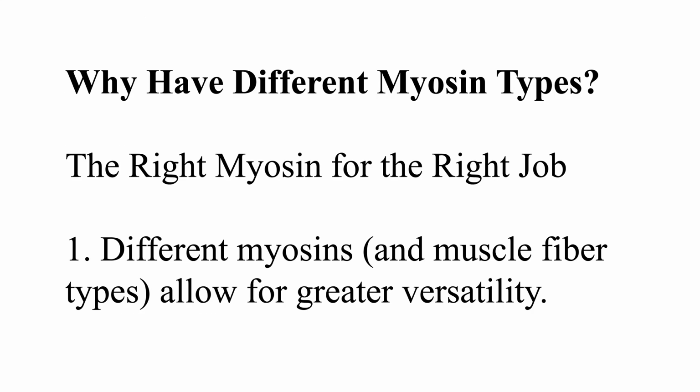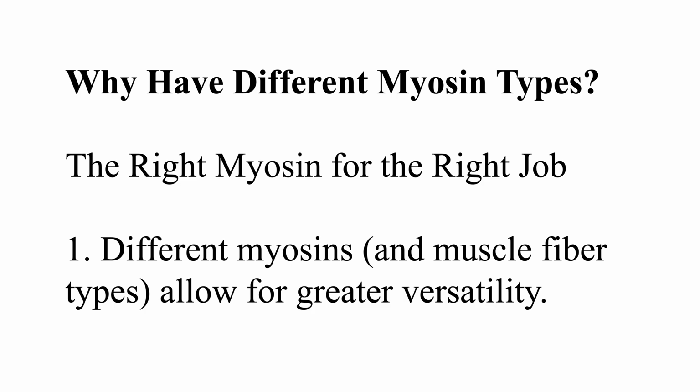Okay, so why have different myosin types? It says we have the right myosin for the right job. That's why. I know I talk about us having 3 fiber types, but in actuality, it's not a perfect set of 3. It's not like a stair-step notion of 3 fiber types.